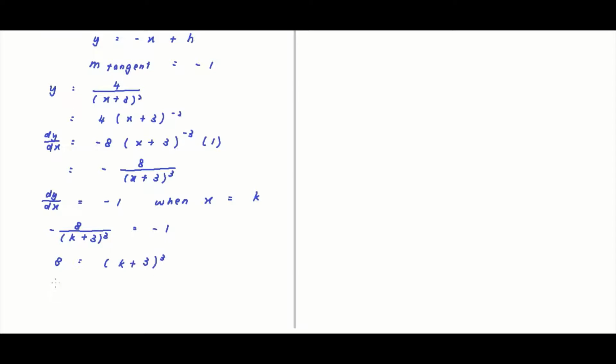A power of 3 moving over becomes a cube root. After I solve it, I get k plus 3 equals 2, because the cube root of 8 is 2, right? Then k equals 1.